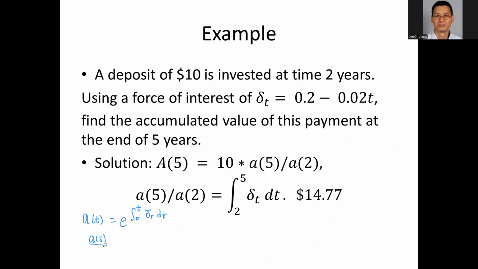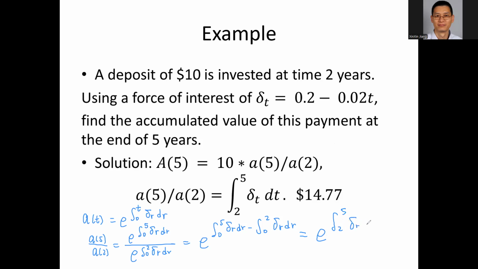So a5 over a2 equals e to the integral from 0 to 5 of delta r dr, divided by e to the integral from 0 to 2 of delta r dr. Then you have exponents, the ratio with the same base e, so it's e to the difference: the integral from 0 to 5 of delta r dr minus the integral from 0 to 2 of delta r dr. And we have the property from Cal 1 that the difference between these two integrals is just the integral from 2 to 5 of delta r dr.